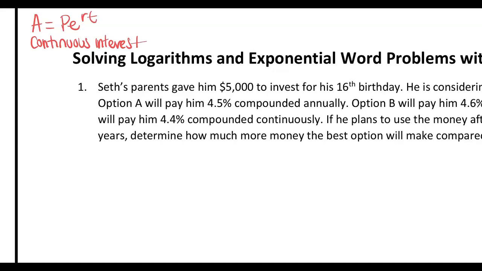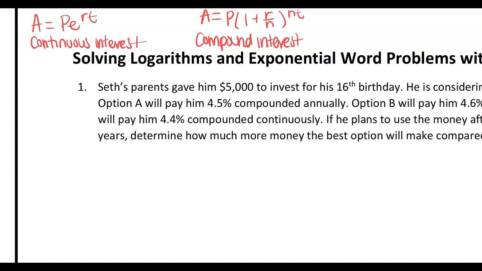Another formula that we've used is A is going to equal P times 1 plus r over n to the nt power. This is called your compound interest. And that's whenever it says it's compounded monthly or compounded bi-weekly, something like that.